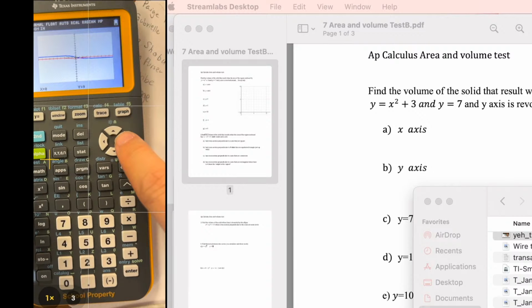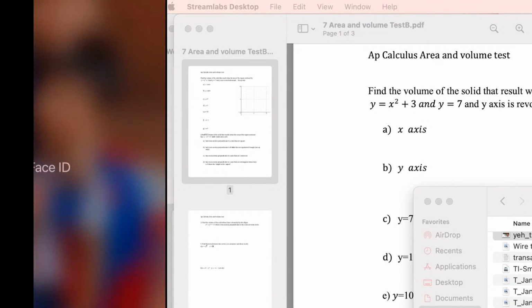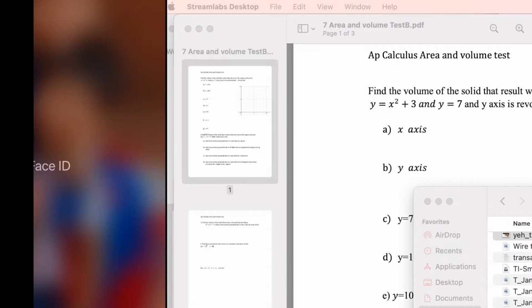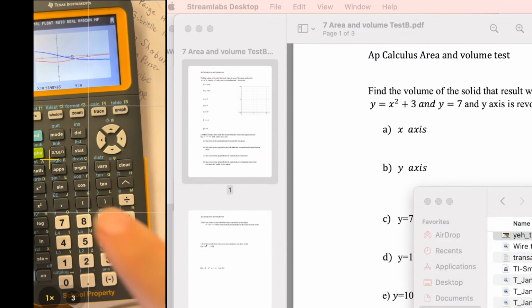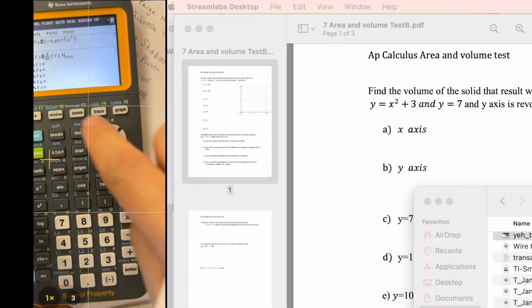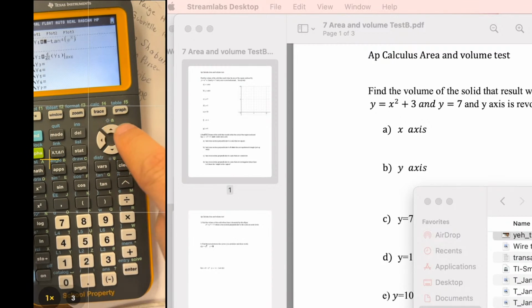Did I use tan inverse? I did tan inverse. I don't know why. Second, tan inverse. Oh, that's tan. No, tan inverse of e to the t.